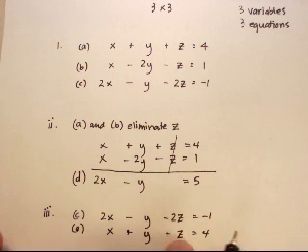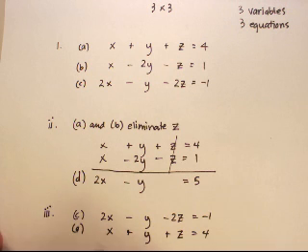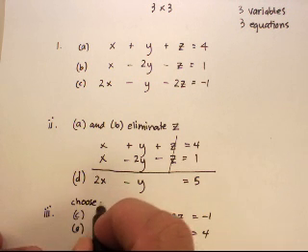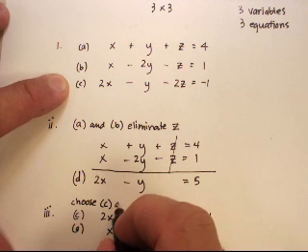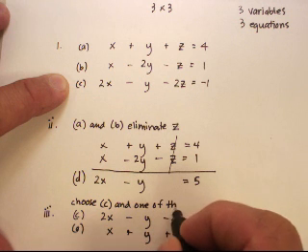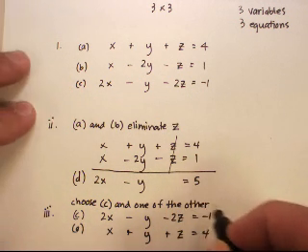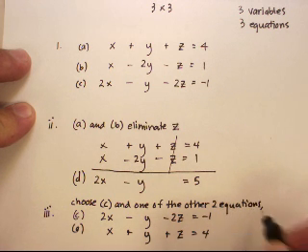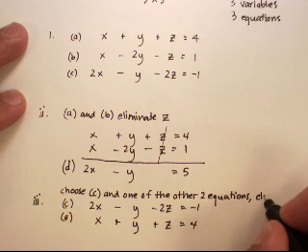I want to eliminate the z now. Remember, it's really important to eliminate the same variable. So choose the C equation, the one that I didn't choose before, and one of the other two. Doesn't really make any difference. And again, you want to eliminate the same variable.